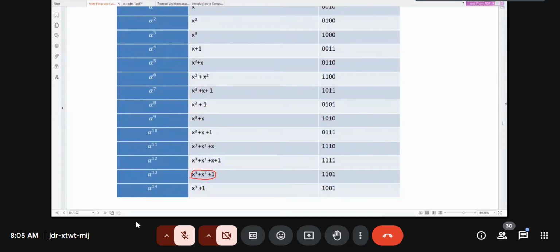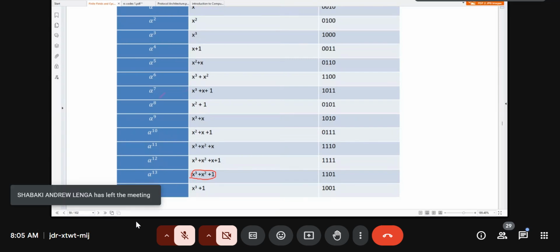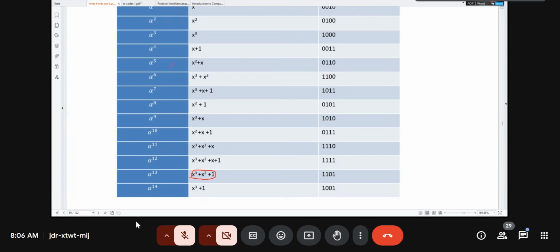I think you're doing the math with me because I'm not writing it here, but I'm just writing on my table to see what that will come to. But I just want to do it together. Alpha to the 9 is alpha to the 3 plus alpha. Alpha to the 5 is alpha to the 2 plus alpha. Alpha to the 12 is alpha to the 3 plus alpha to the 2 plus alpha plus 1.